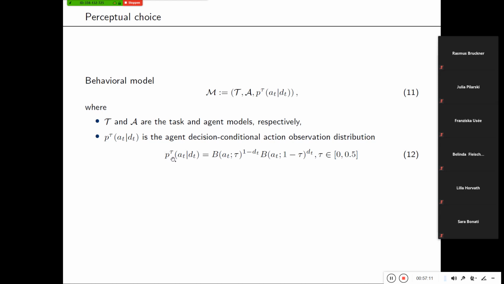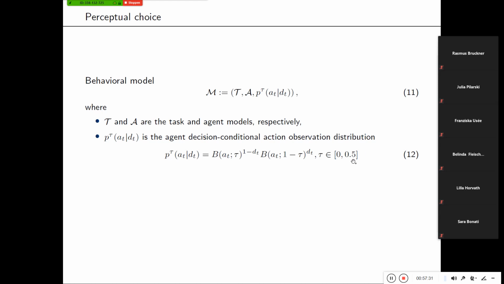If this parameter tau is 0, then there is no choice noise, and the agent decision and the action we observe are always identical. If there is a little bit of choice noise, then there is sometimes a deviation between the action and the decision.